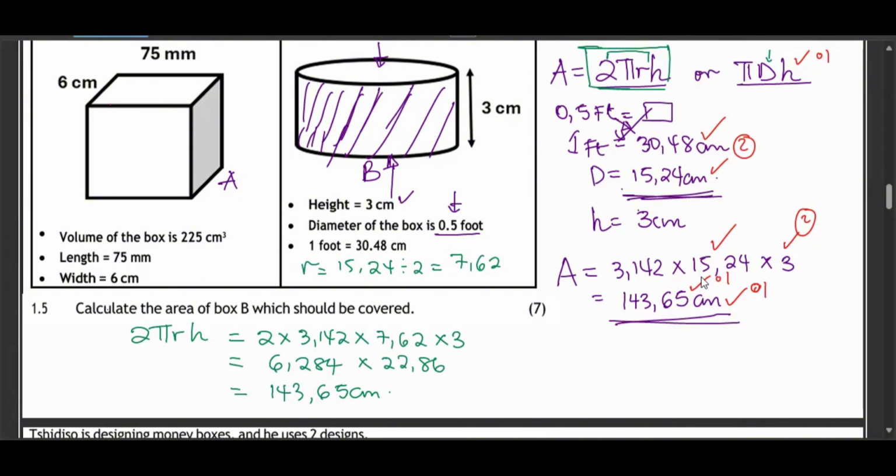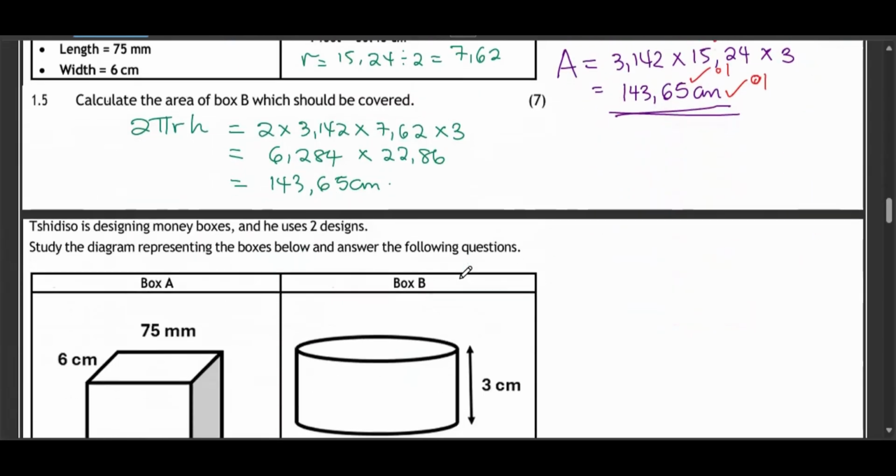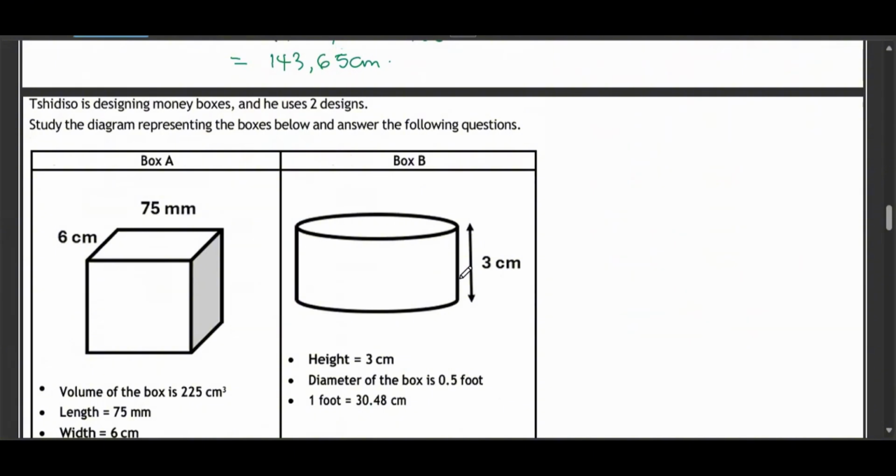Now, the 7 marks here were generated because there's no formula that was given. A learner had to look for the formula. 7 marks. Okay. We continue with question number 1.6.